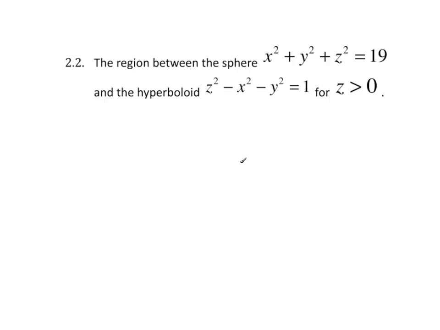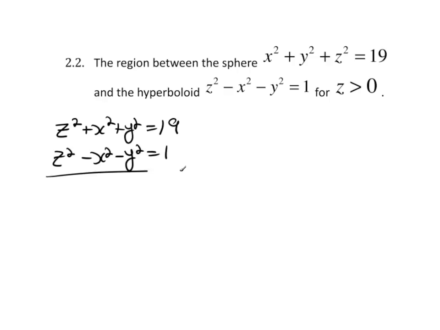Okay, so one of the first things I need to do is figure out where the sphere and the hyperboloid actually intersect. So I'm going to basically solve the system of equations here. I'm going to have z squared plus x squared plus y squared equals 19, and z squared minus x squared minus y squared equals 1.